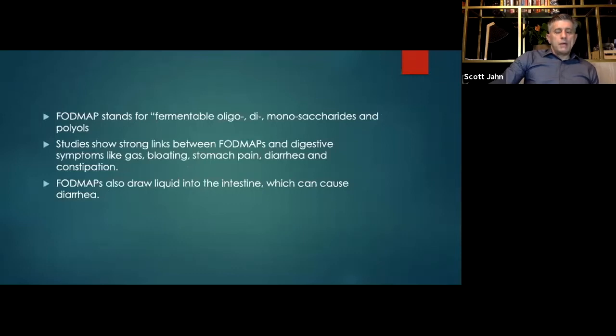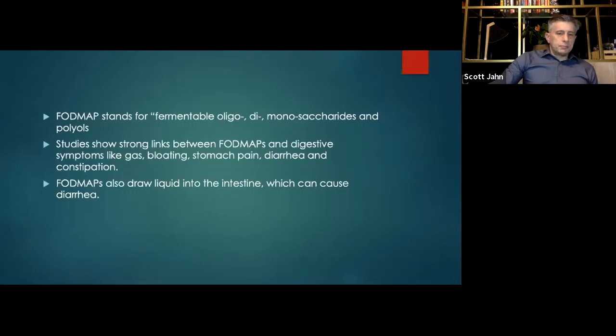Okay, so if you do have SIBO, something that you want to adopt is a FODMAP diet. FODMAP stands for fermentable oligosaccharides, disaccharides, monosaccharides, and polyols. Basically what happens is you're feeding the bacteria, right?